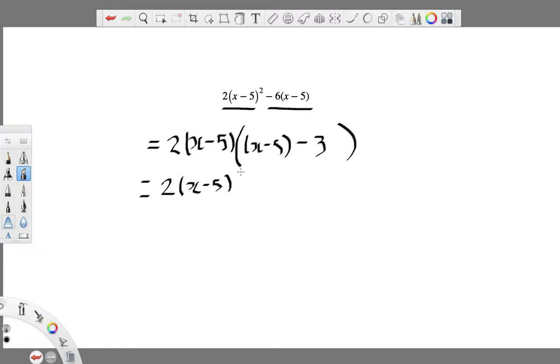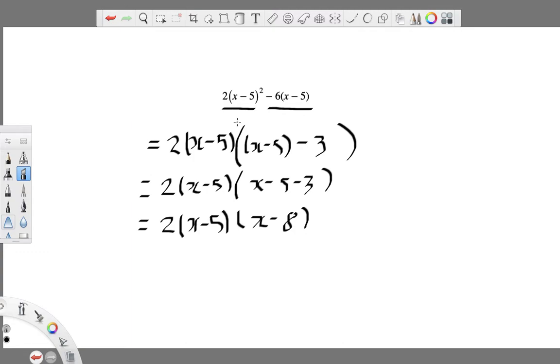Okay, so now we'll simplify what's in our big bracket. So we've got x minus 5 and then minus 3. So that will become x minus 8, and then we'll be left with this, like so.